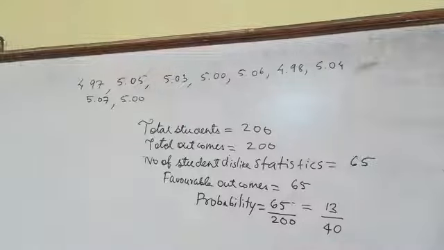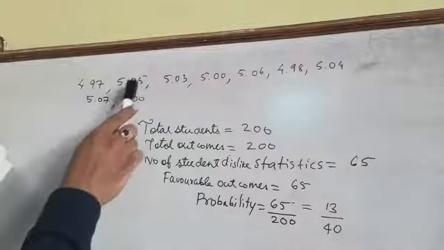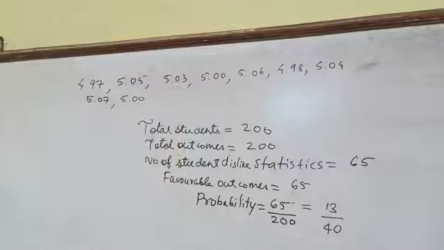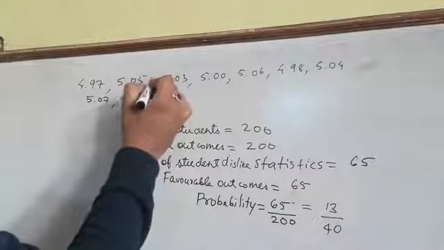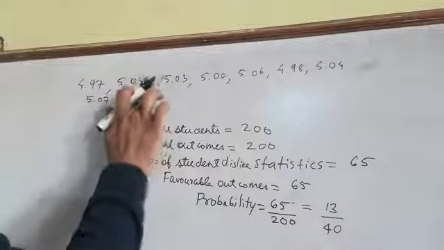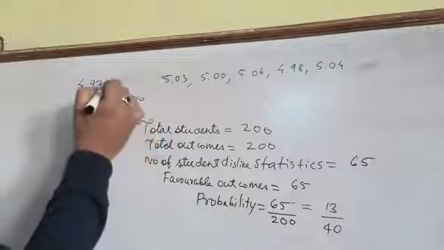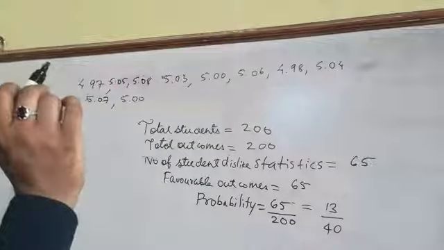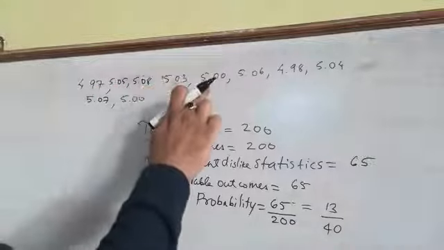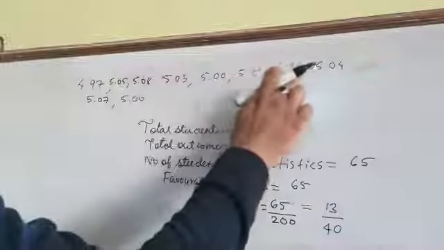But 4.97, 5.04, 5.08. 5.08 also there. 5.05, 5.08, then 5.3, 5.06.